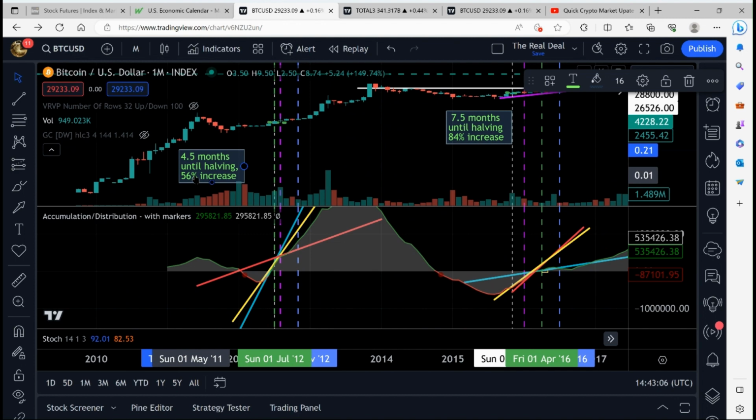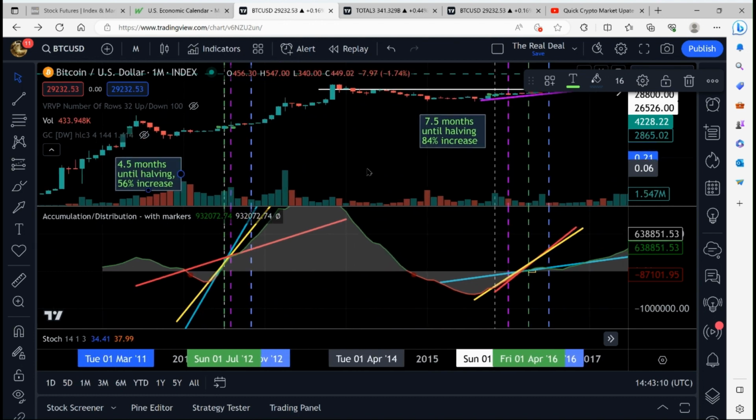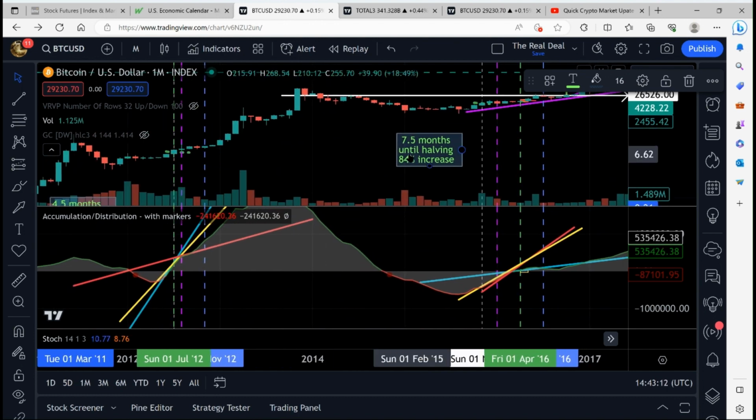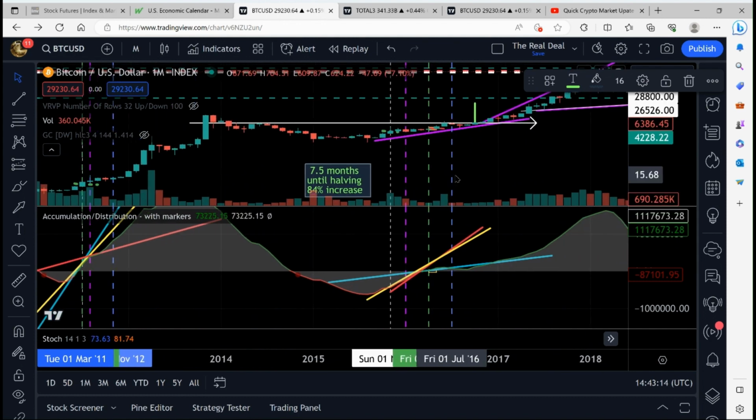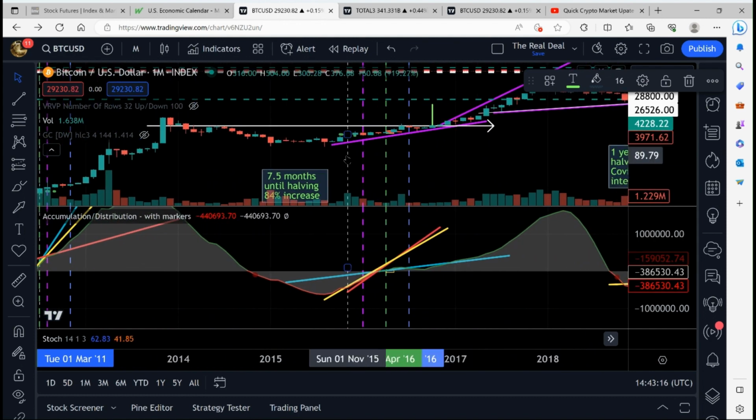Here back in 2012, 4.5 months, 56% price increase. Here in 2015-16, from when we moved here to here, it was 7.5 months, and we had 84% price increase.